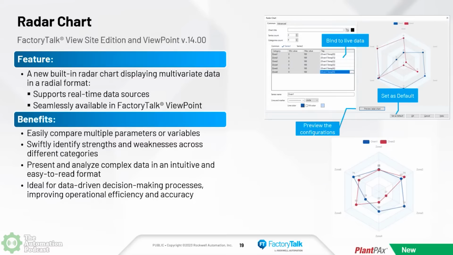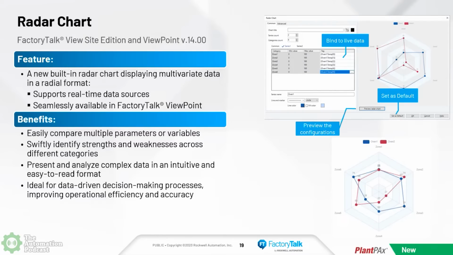But if you don't want to go through all that configuration, you can just set it as default. Next instance, you only have to fill in the raw data points or the live tags. Like I said, at the end of the day, you just configure your live data tags, click OK, go to your view client, and you'll have a nice radar chart showing up. For those listeners out there that use Viewpoint, this is also supported within Viewpoint.